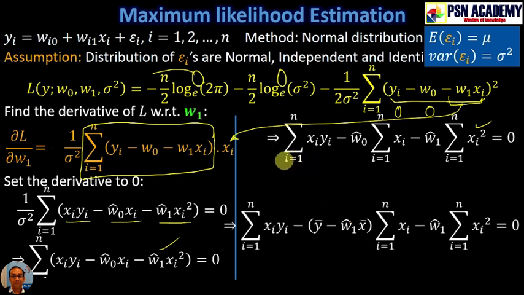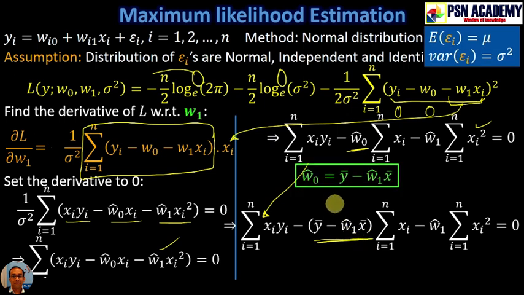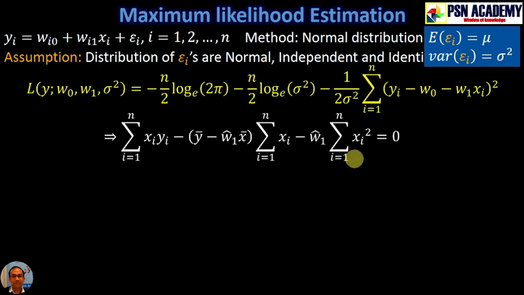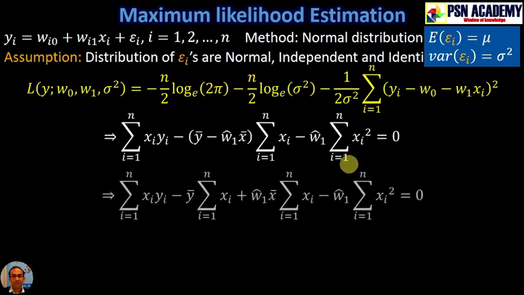Now this will remain as it is, and in place of w0 you put y bar minus w1 x bar, because remember, just a few moments back we derived that w0 hat is equal to y bar minus w1 hat x bar, and this term will be summation of xi, and this term will remain as it is. So we got this and we proceed.